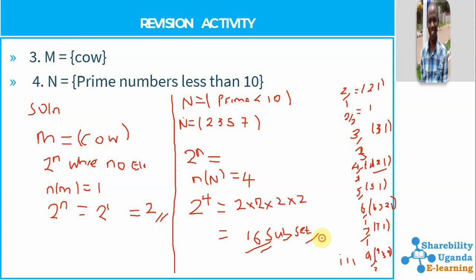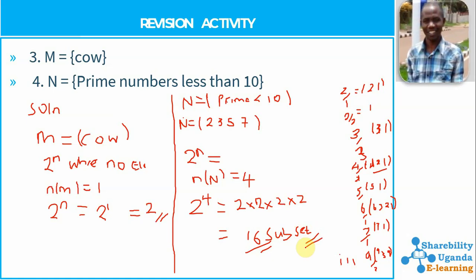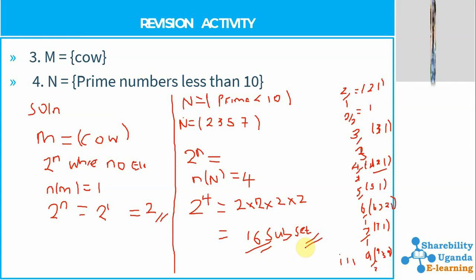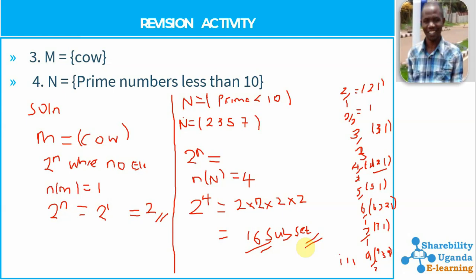Okay, this is how we can finally get the number of subsets within our set. So be able to know how you can find a prime number. They can either say our set is equal to, let me say, a number of even numbers. They can say our set n is even numbers less than 10 or greater than 10, or less than 5 or less than 6, something of that kind.